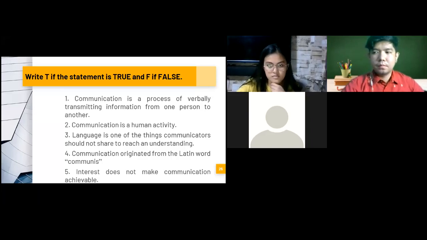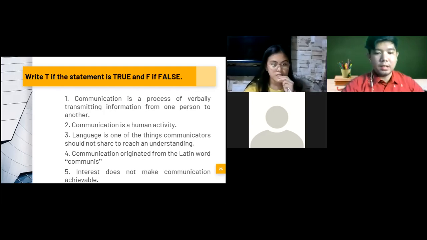It can be non-verbal too. But in a general context, we are talking about communication as a whole. When you say verbally, it doesn't just include speaking.